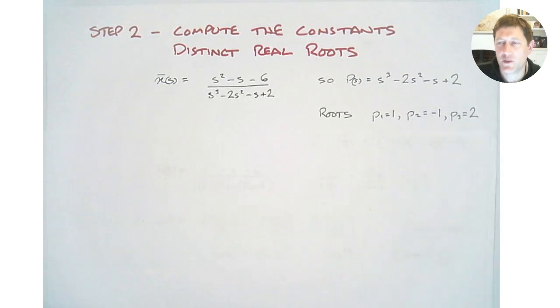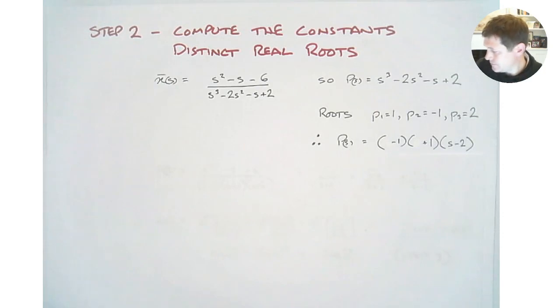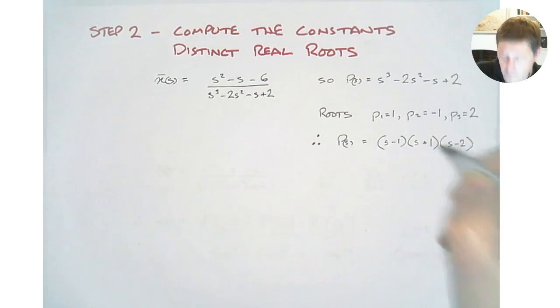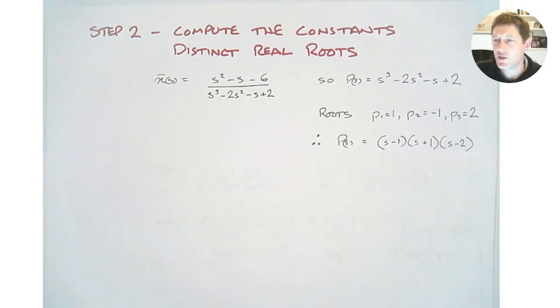If you plug those in, you'll find that P(s) equals 0 for those three cases. And that enables us to do the partial expansion.